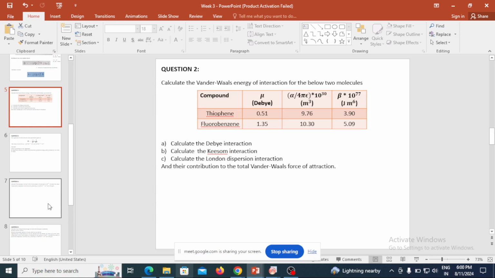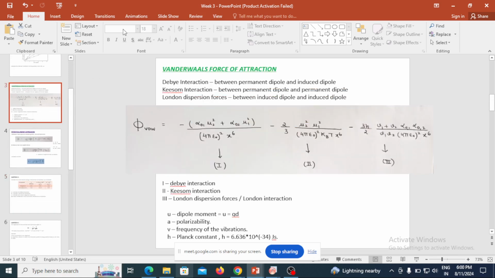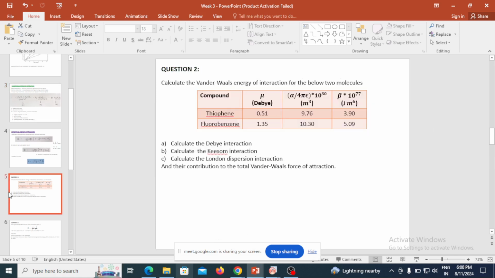It's simple, you just need to use the formulas that are given to you. But one thing I would like to say is that here you have mu2 and mu1, because in this expression the two atoms or molecules of interest are dissimilar in nature, but here you can take them as the same, like thiophene, two molecules interacting with each other, and then you need to calculate the expression for them.